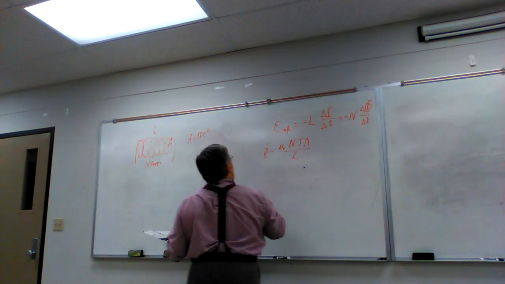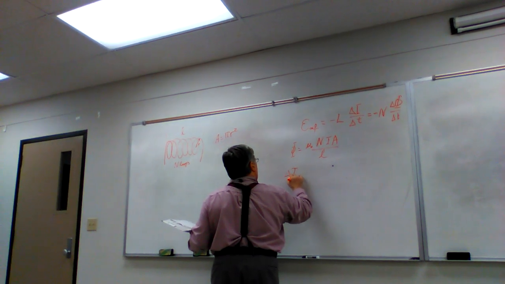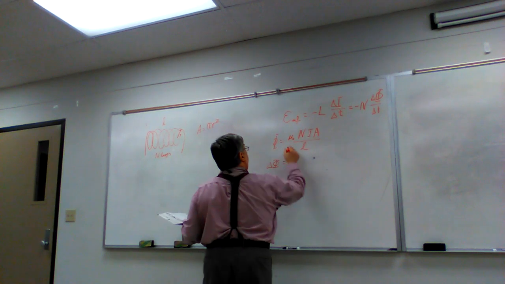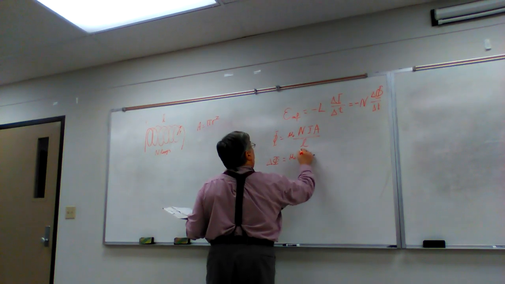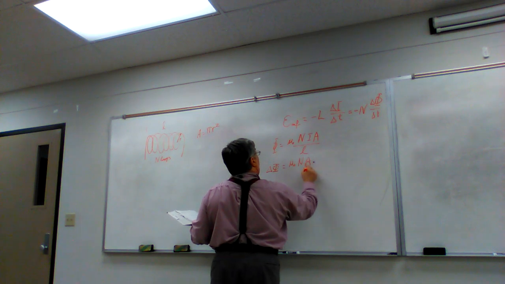Now, if that's the flux generated, then what is the change in flux? Well, mu sub naught can't change. The number of turns isn't going to change. Area is not going to change. The length is not going to change.